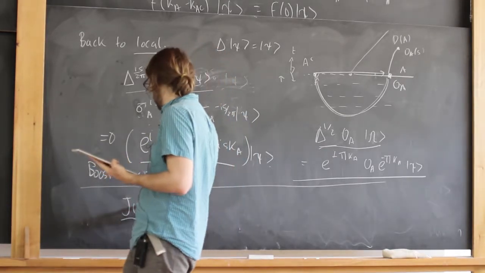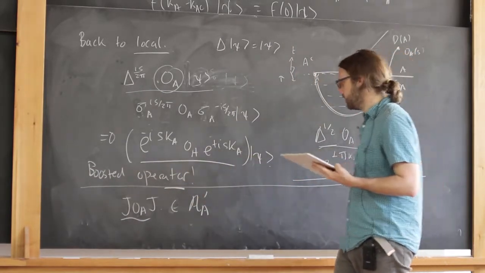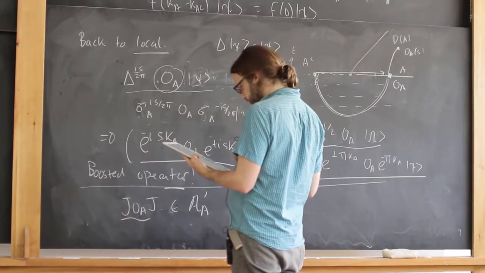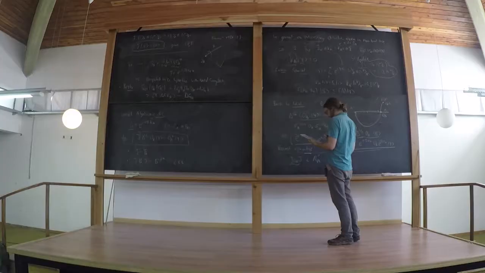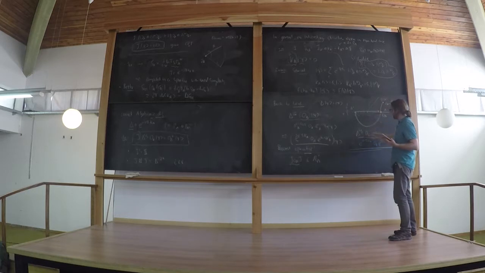So this is the operator that reflects. This is the operation that reflects this operator from here to here. Good. But then when you come back, when you rotate back using the delta to the 1/2, you can only do that when acting on the vacuum. Otherwise, you might run into issues. So it's really important that you're acting on the vacuum.